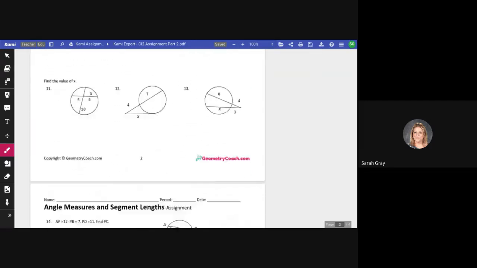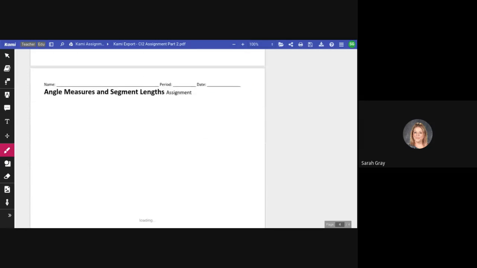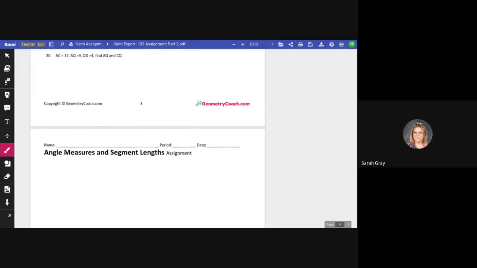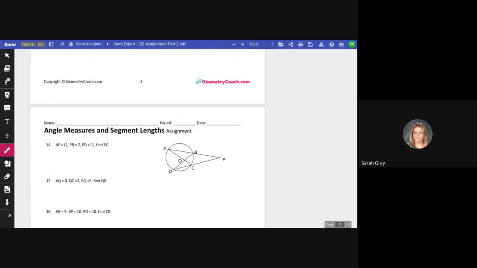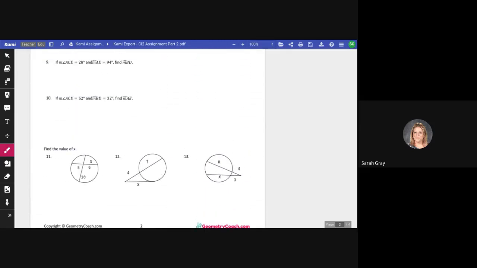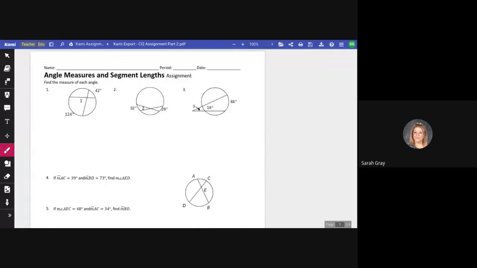Page 2 is doable. There's nothing on page 4. Page 3, you're going to have to wait. Actually, even some of page 2. You can get down to number 10 with what we learned today. Okay? Angles are half of your arcs.